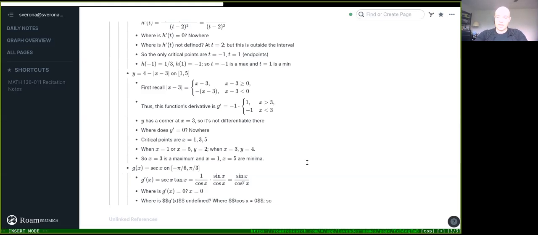So if you think about it and you remember where cosine is 0, that's going to be at x equals pi over 2 plus some integer multiple of pi. But on the positive side, the first place where I would have a problem is pi over 2. On the negative side, it would be negative pi over 2. So that's pi over 2 minus pi. But that is not going to happen on my interval. It's just not big enough.